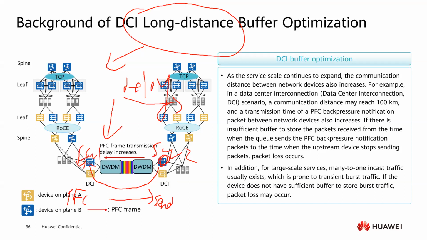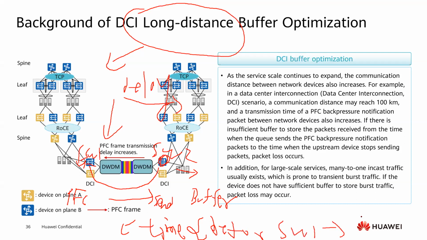So in this way, SW2 must buffer the packets in the time before SW1 receives the PFC frame from SW2.